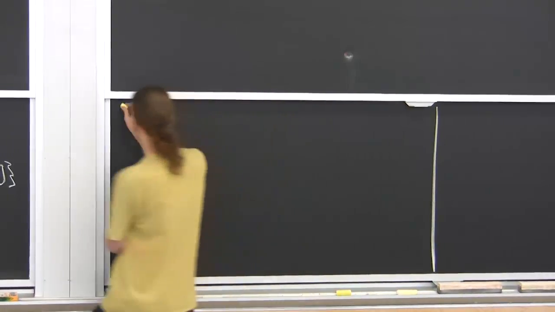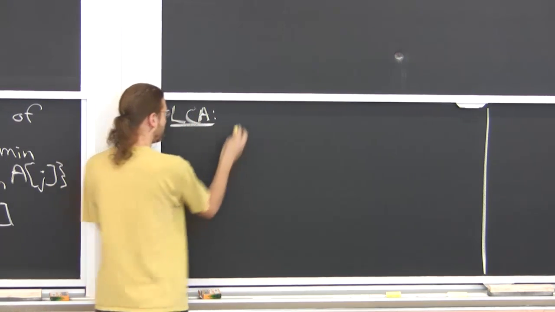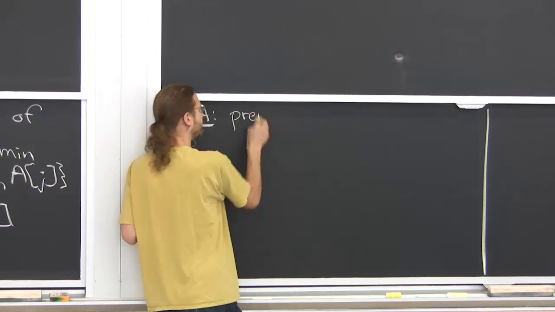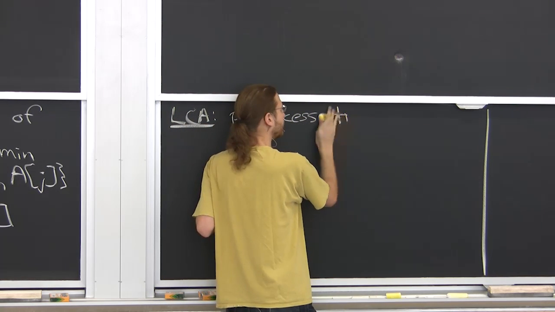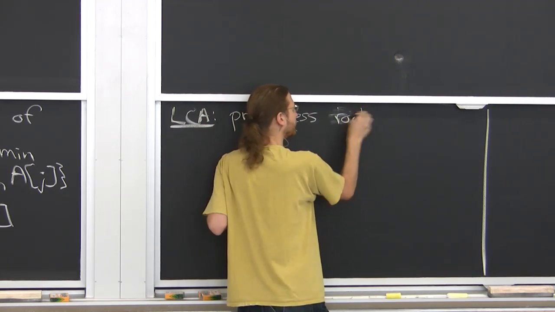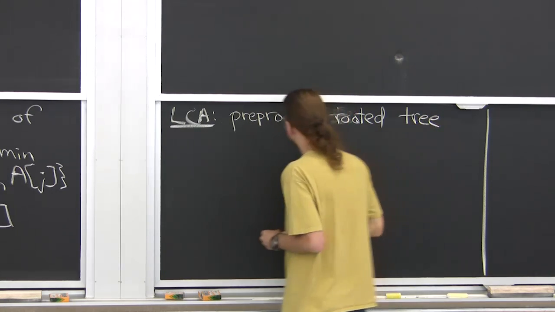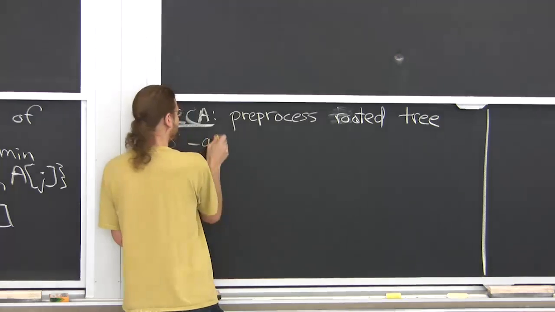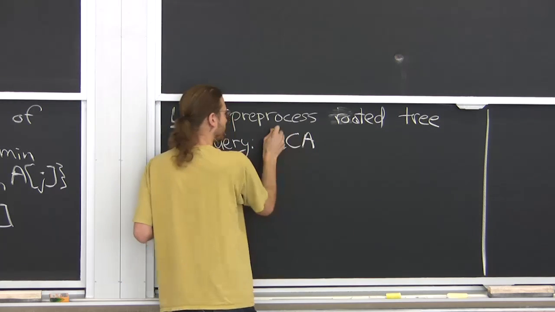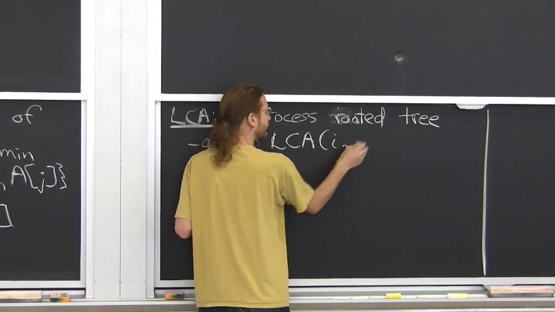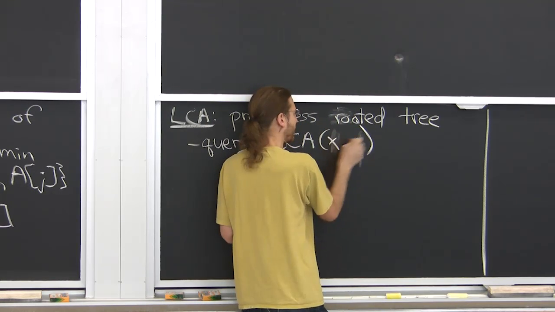namely LCA. So the LCA problem is you want to pre-process a tree, say a rooted tree, and the query is LCA of two nodes, which I call x and y.